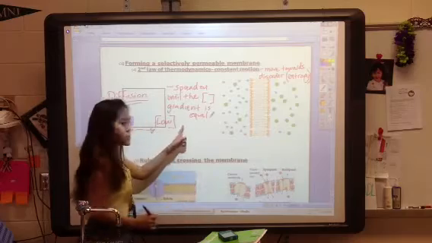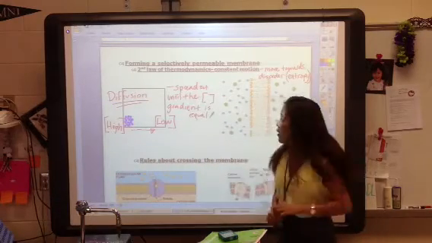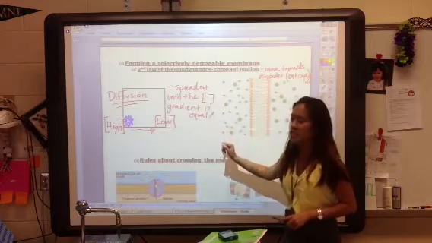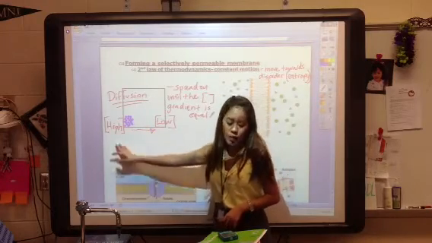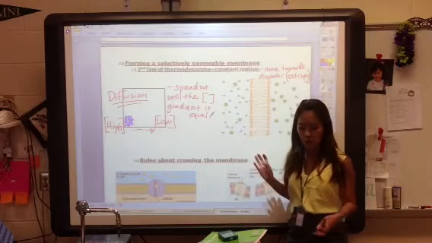And when this happens, it's known as equilibrium. The concentration gradient is just the difference between where the molecules are higher and where they are lower.